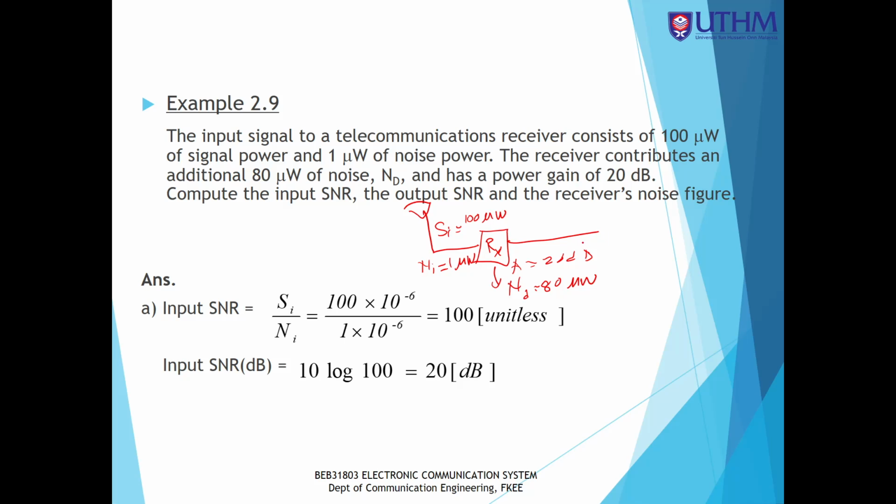The receiver's gain is 20 dB. And then we do not know SO, we do not know NO. The question asks for the input SNR, SNRI, how much the SNRO is, and also the noise figure. There are 3 things asked.